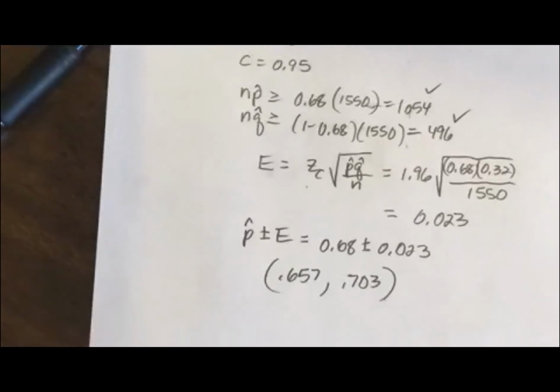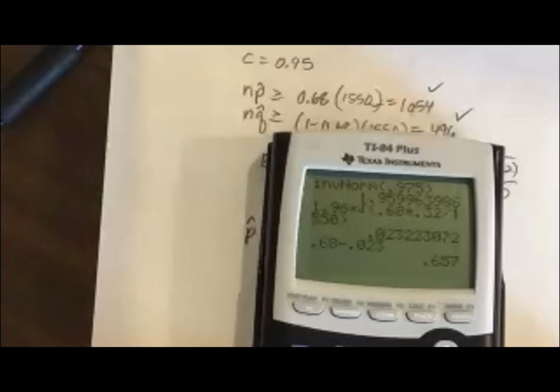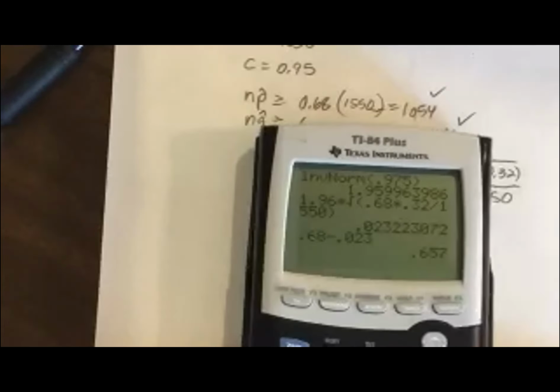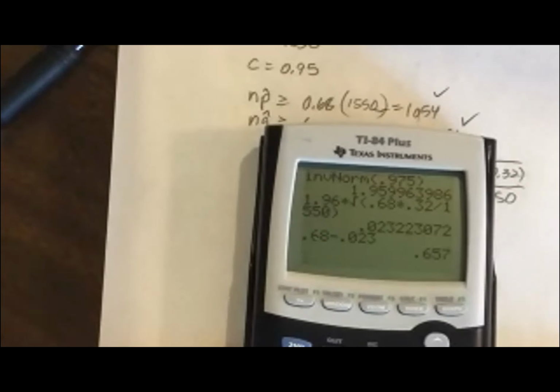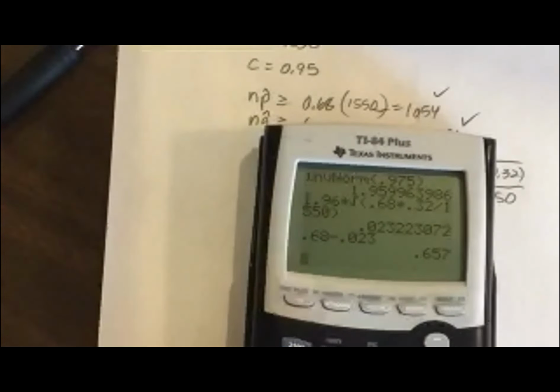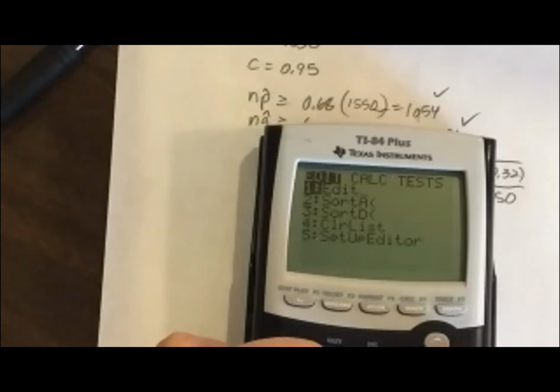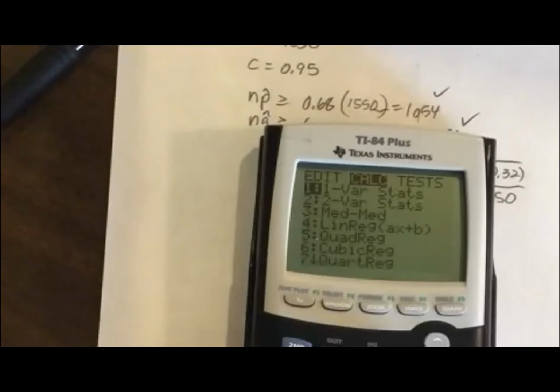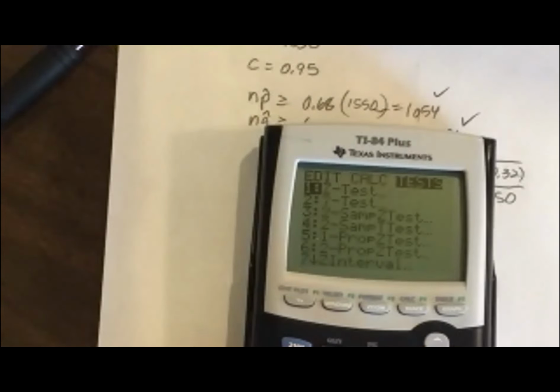If you want to use your calculator to confirm the answer, it will do the whole calculation for you in one step. So will StatCrunch, and so will many other programs. Pick one that you like and then use it. I'm going to use the calculator today. It's under Stat, go over to Calc, and then go further over to Tests, and keep going down.